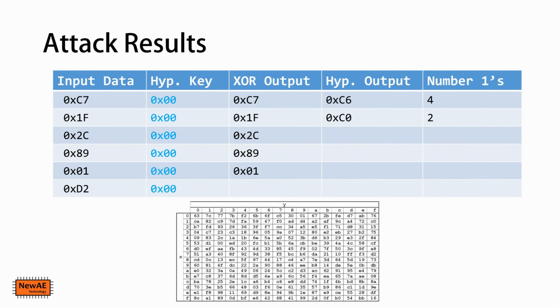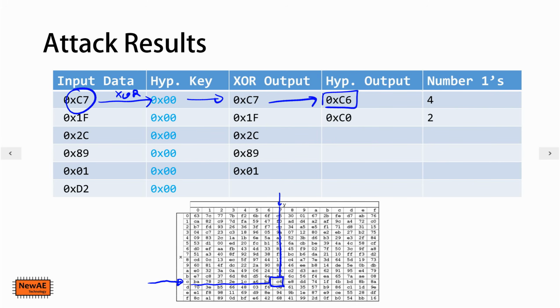What I'm going to do is say, well, if the key byte was 00, I inputted C7, I XOR these together, I end up with C7. I know what that lookup table was, so if I put C7 into the lookup table, we go down here to C, and we go across until 7. You can see that the output of C7 would give us C6, so the hypothetical output is C6.